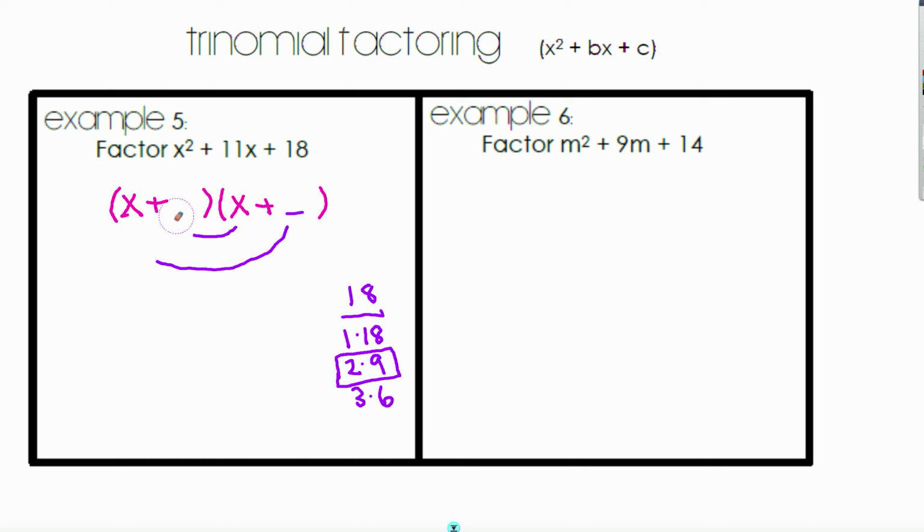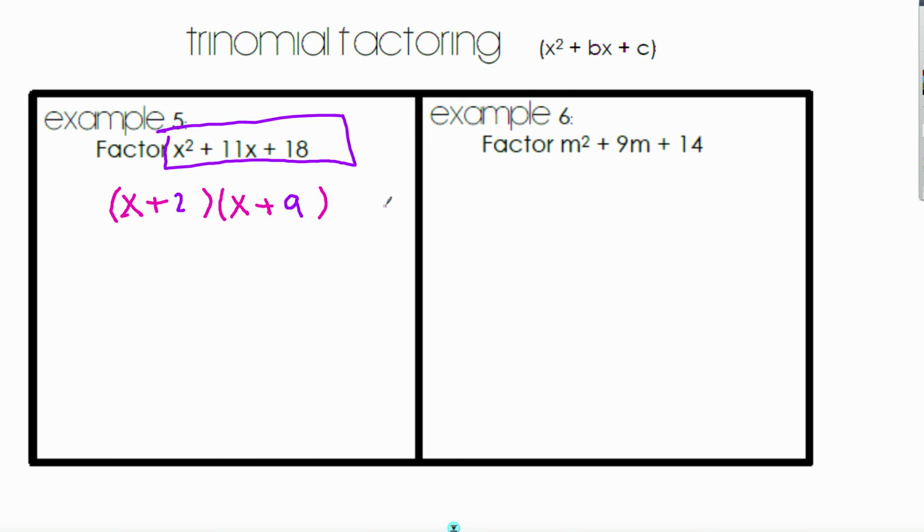So I know these two blanks are going to be x plus 2 and x plus 9. In this case, I could have written the 9 here and the 2 here because they're the same. They're both just x. And if I were to FOIL this, first, outer, inner, last, I get right back to where I started. So this right here is called factored form.